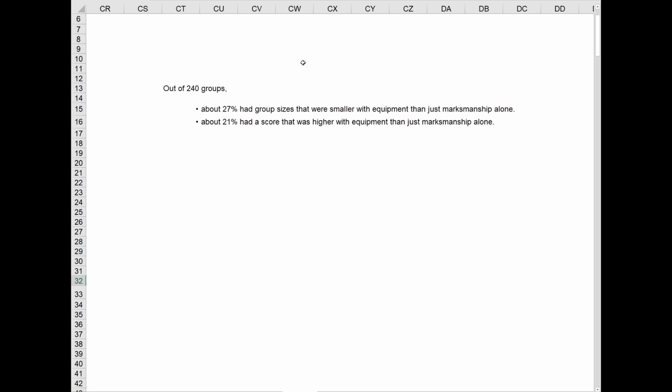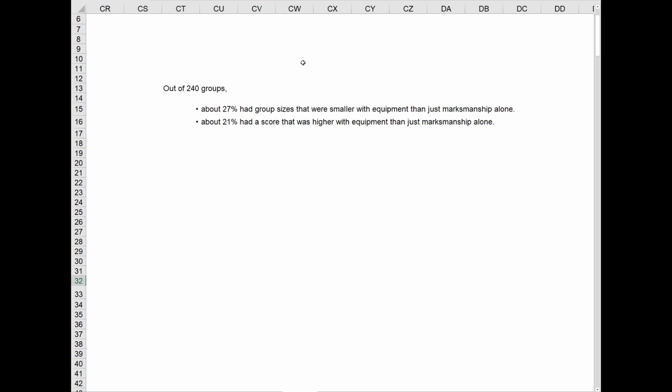Well, that's not necessarily true. And what I found is that in about 27% of the cases, the groups were smaller when you factor in the equipment than just what the marksmanship was.